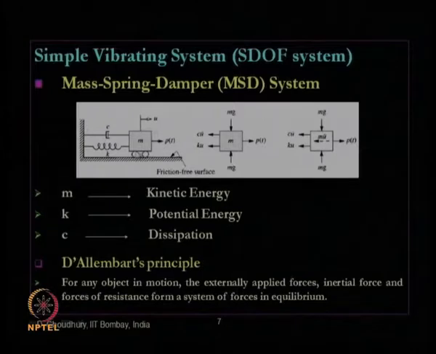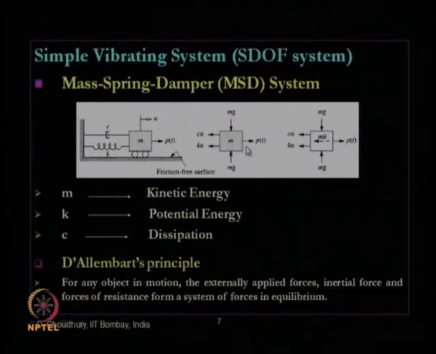Then taking the free body diagram of this mass, the weight mg is acting downwards. There will be a reaction from these rollers on this friction free surface that will balance this static weight. So, the static equilibrium of the system is maintained that way.